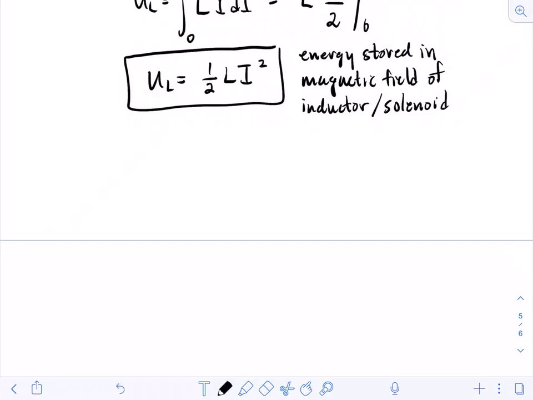So the very last thing that I want to do is to see if we can understand the behavior of a solenoid or an inductor in a circuit. So, inductors as circuit elements.